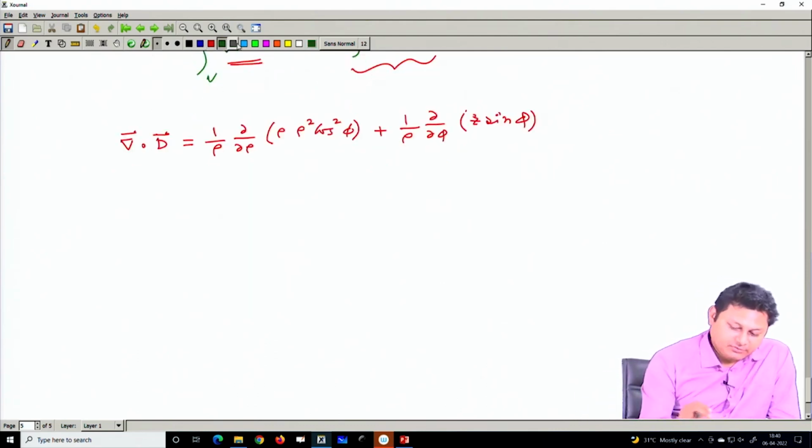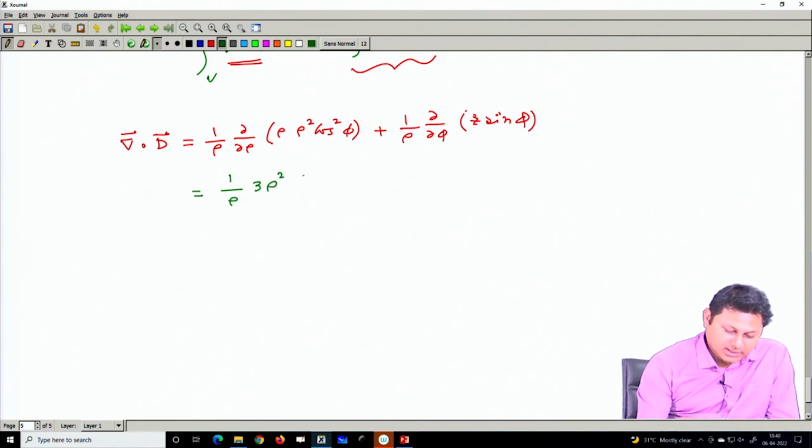Okay. Now, if you execute it, it should be simply 1 by rho, you are making partial derivative with respect to rho here. So, rho cube. So, you have 3 rho square and then you have cos square phi. What about this one? 1 by rho is already there, you have z and partial derivative with respect to phi. So, you have cos phi.